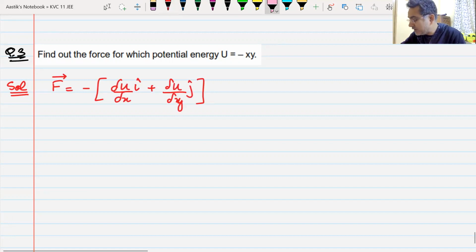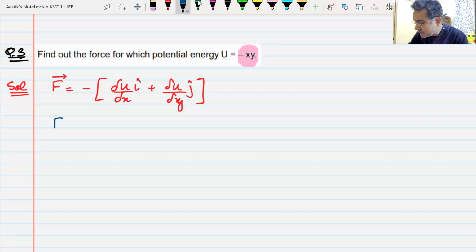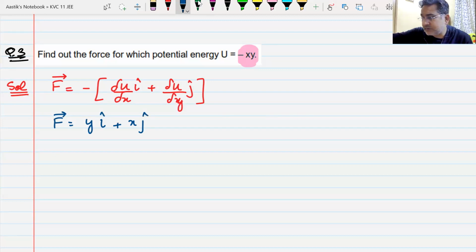So I now need to take the partial derivative of this with respect to x, and that will be minus y. Minus and minus will get cancelled, so force will become y i. And then I have to take the negative derivative with respect to y, and that will be x. So this is going to be the answer for this one.